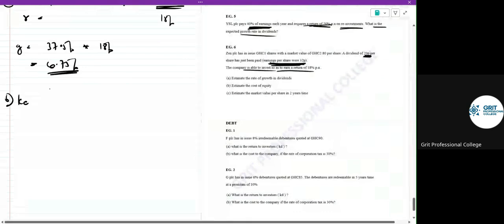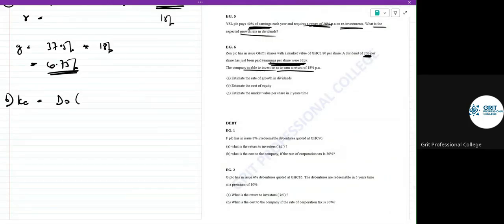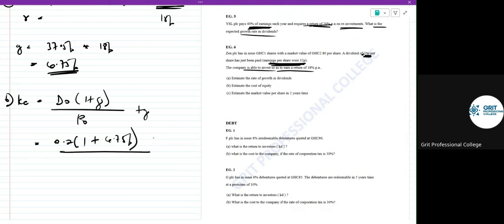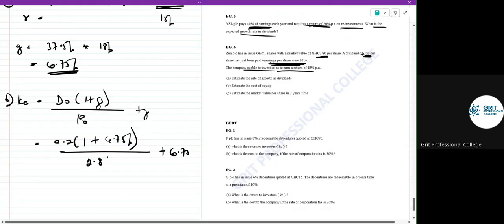And so therefore, KE will be equal to D naught, 1 plus G, all over P naught plus G. Now we have dividend per share to be what? 0.2 into bracket 1 plus the growth rate which we have calculated, which is 6.75%, all over the current share price, which we are told is 2.8, plus the growth rate of 6.75%.